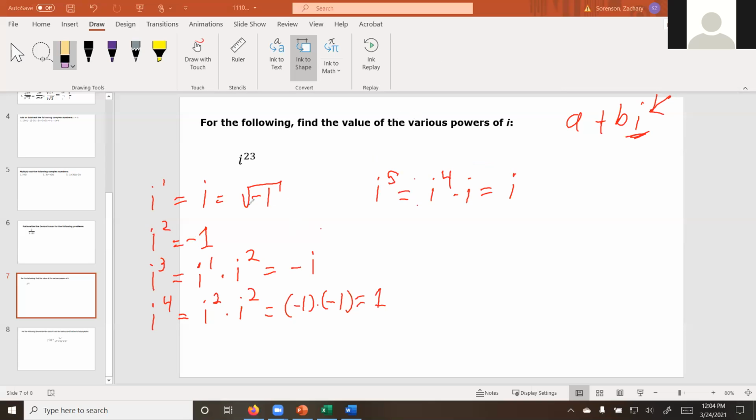Notice here that these match. Okay, we'll do one more. i to the 6th. Well, that's i to the 4th times i squared, which is 1 times -1, which is -1. Notice how these match.